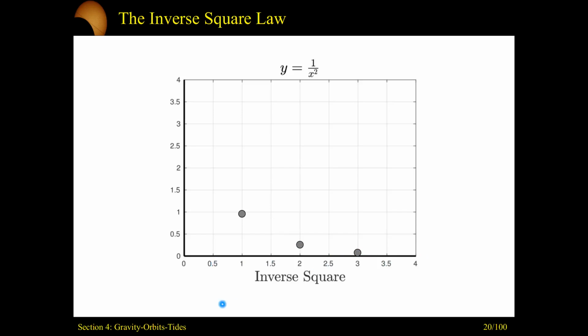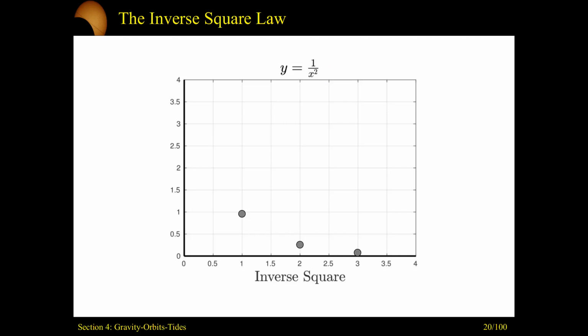Now let's try 0.5. 0.5 is 1 over 2. So when we plug in 0.5, we say 1 over 1 over 2, squared. Well, 1 over 2 in the denominator flips to 2 in the numerator. So I have a 2 squared in the numerator.